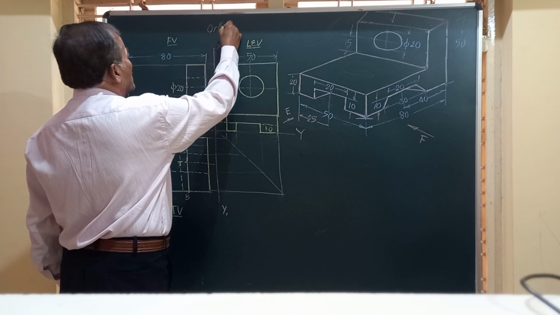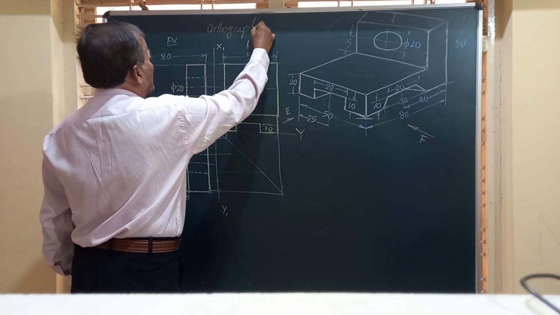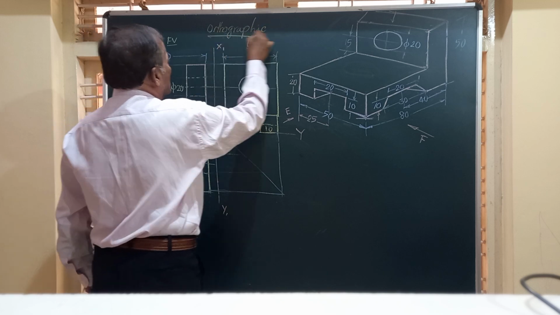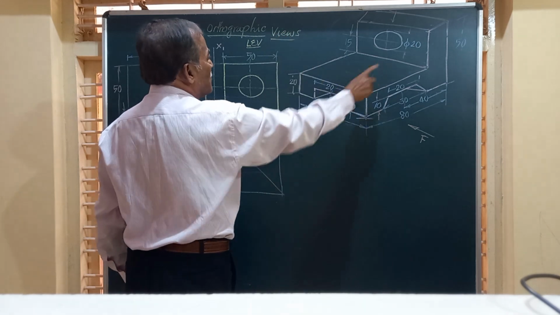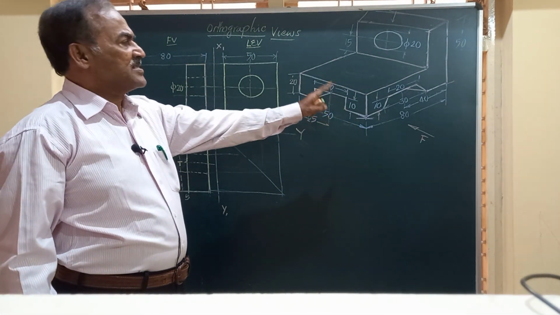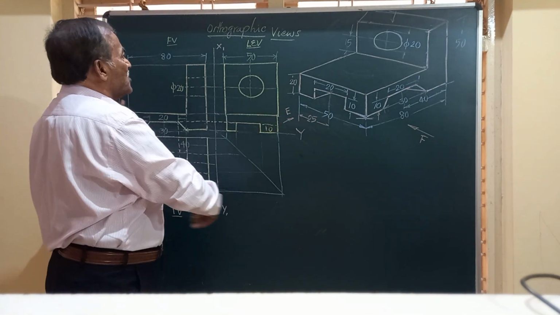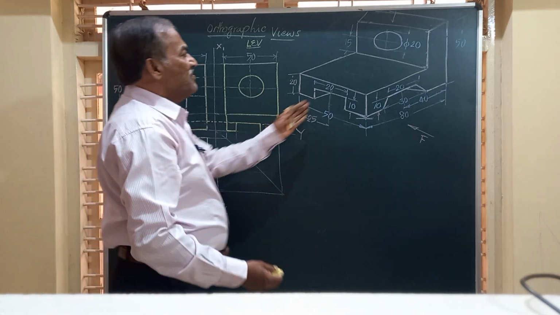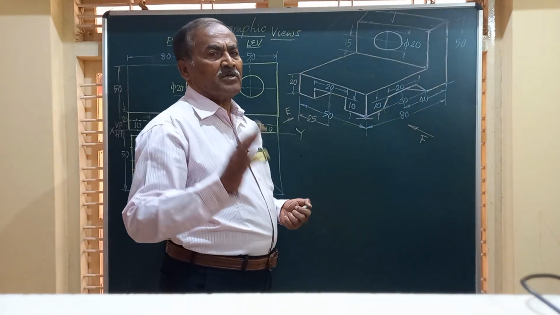These three views are called orthographic views of the given solid which is shown in 3D. So this is a three-dimensional figure and that is converted into a two-dimensional figure. These views are called the orthographic views, whereas this is called the isometric view.